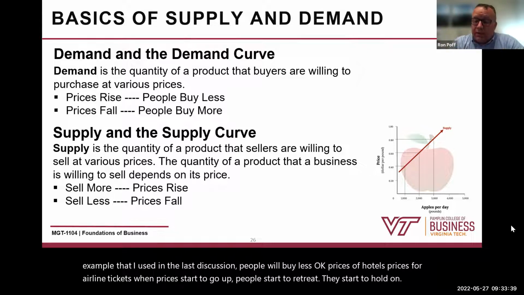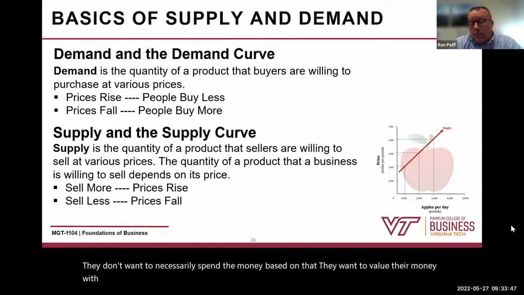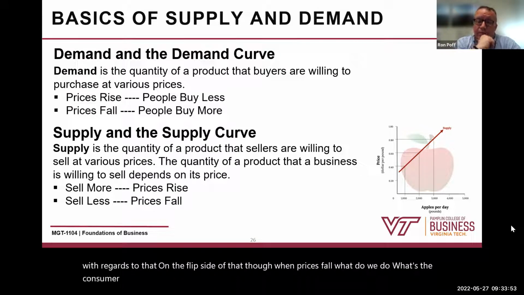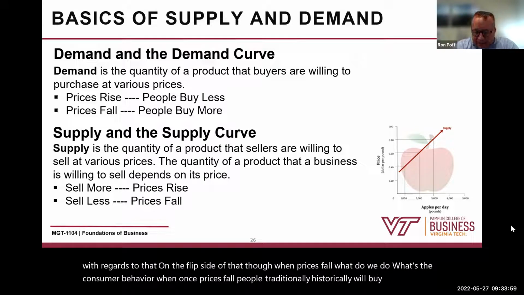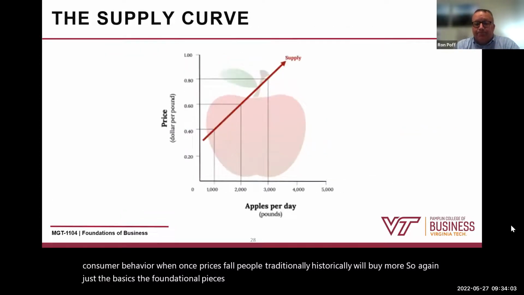They don't want to necessarily spend the money, they want to value their money. On the flip side, when prices fall, what's the consumer behavior? People traditionally, historically, will buy more. So again, just the foundational pieces of supply and demand.